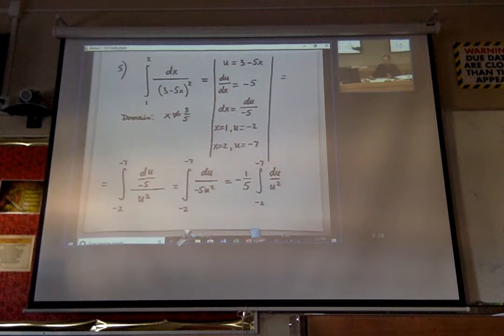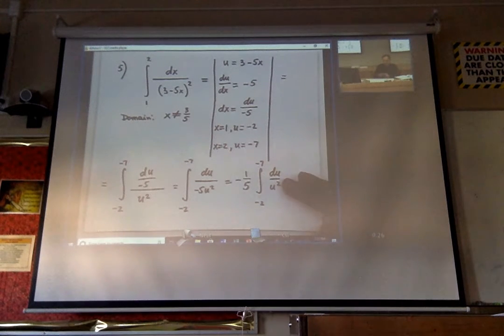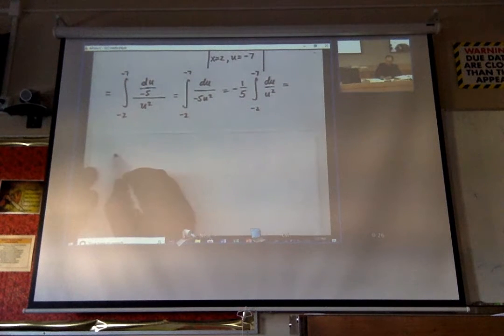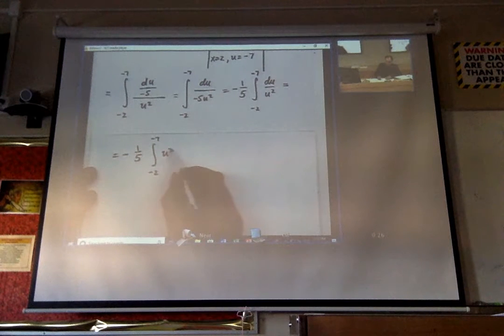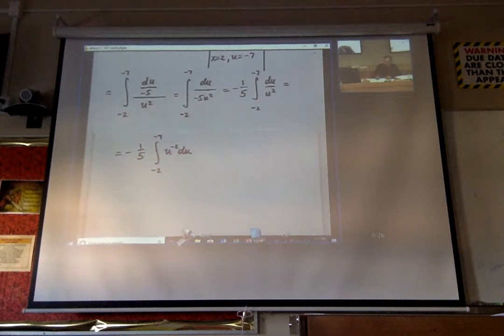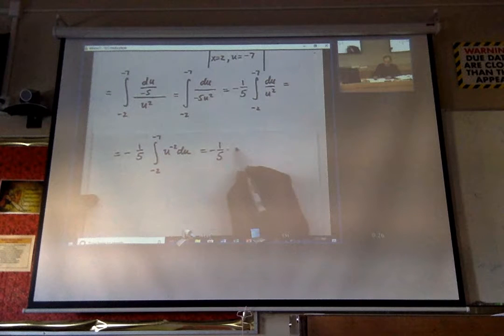But I know the antiderivative right now. What's the antiderivative of this? 1 over u. So I'm going to rewrite this one more time just to show you what I have, so this will be u to negative 2 du, right? So the antiderivative of this one is what? 1 over u.